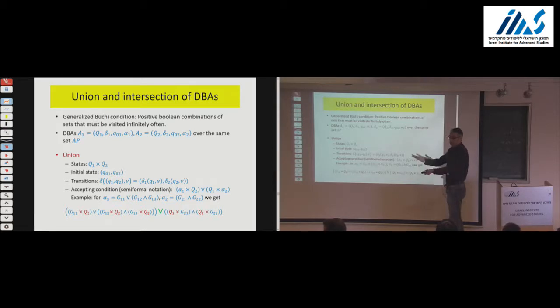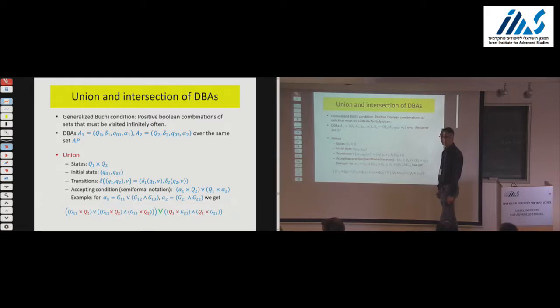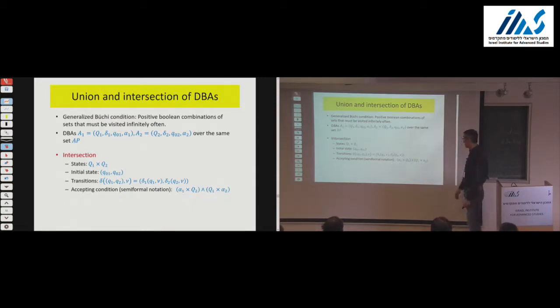In a DBA, you typically assume that you have exactly one transition for each letter. Assume it is complete. And then for the intersection, it's exactly the same thing, but with an AND here.